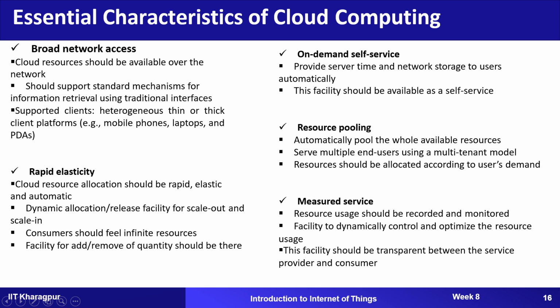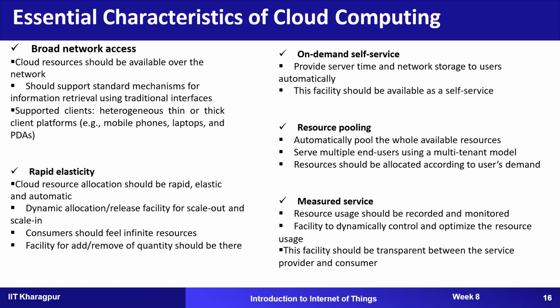Now the characteristics. First one is broad network access. What does broad network access mean? It means that the cloud resources should be available over the network, and they should support standard mechanisms for information retrieval using the traditional interfaces. So it is not required that you need some advanced interfaces in order to access your resources.